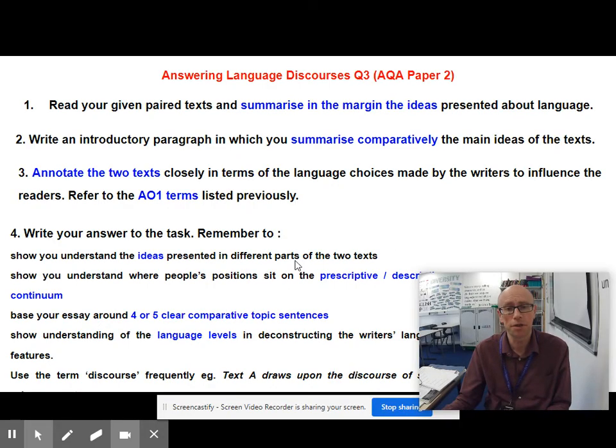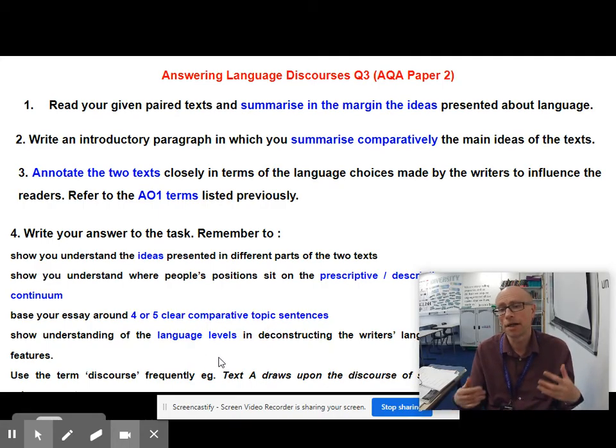It is also useful to use these words prescriptive or descriptive to show where people's positions appear to be based on these texts. You clearly need to be writing in 4, 5 or 6 very clear paragraphs with very clear comparative topic sentences, and I'll give you some examples of that in a minute.